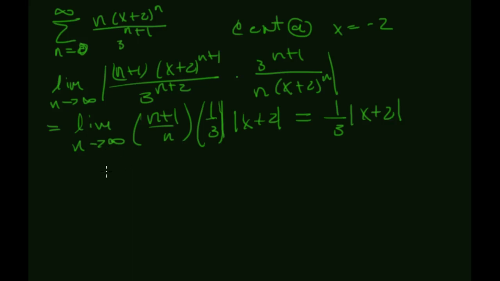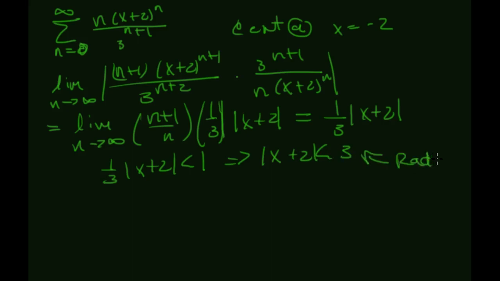So I need 1/3 times the absolute value of x plus 2 to be less than 1, which means that the absolute value of x plus 2 is less than 3. Right there, that's my radius of convergence. If I solve this inequality, I'm going to be stuck with negative 2 in the middle.